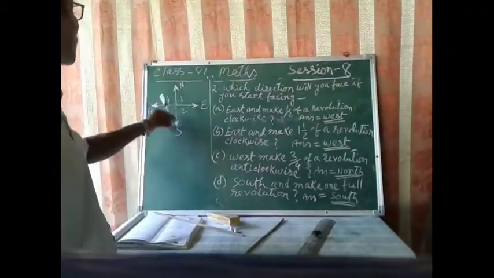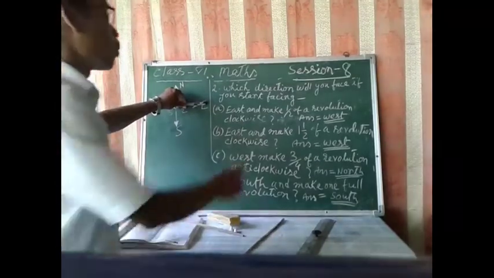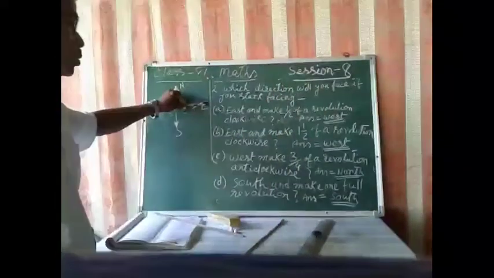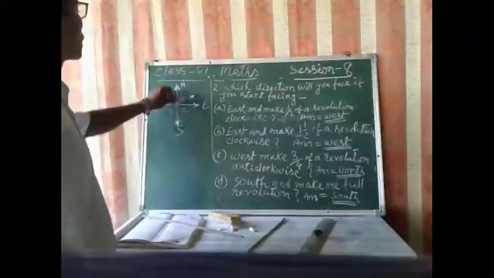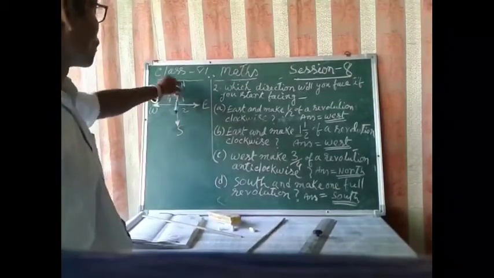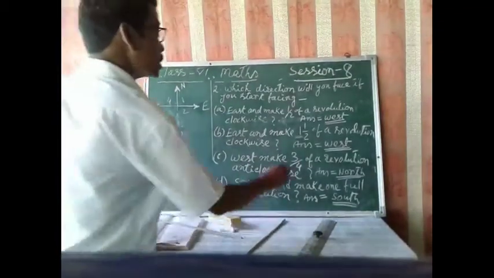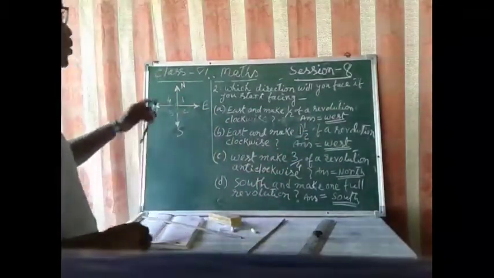You have to face east again and make 1.5 revolutions. What does this mean? One means a complete revolution, one complete turn.